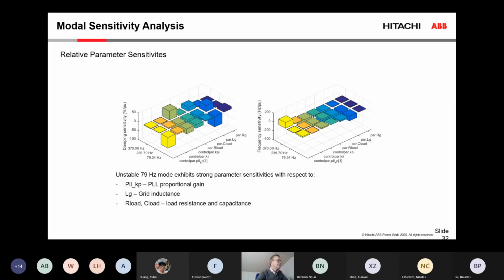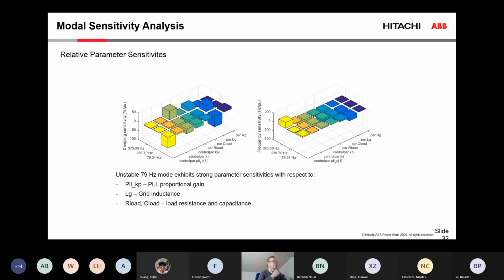Another general rule is that when you select what parameters to change, you should at least check that it doesn't have too much of an effect on the frequency. Because if you change the parameters such that the frequency changes as well, it means that you are not only providing better damping, but you are forcing the resonance frequency to change.